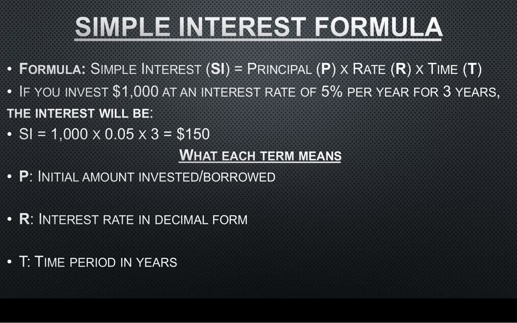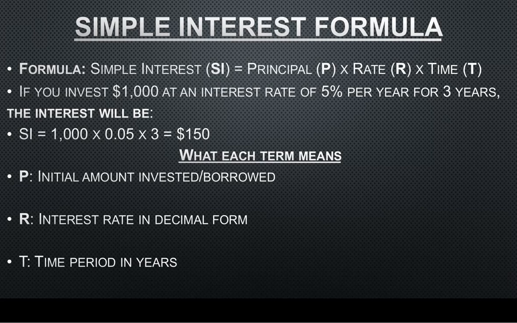So let's take for instance you borrow or invest an amount of $1,000 at an interest rate of 5% per year for 3 years. Probably you want to know how much interest you will pay in terms of simple interest.